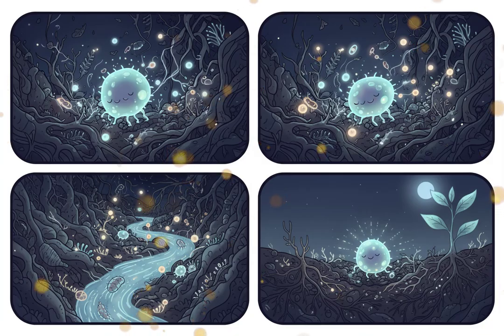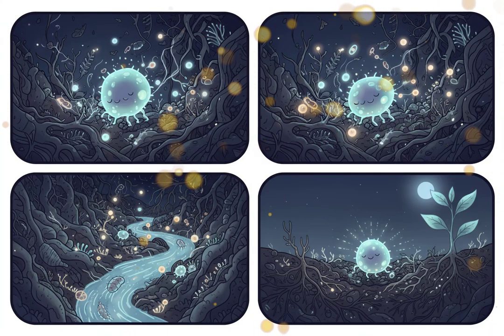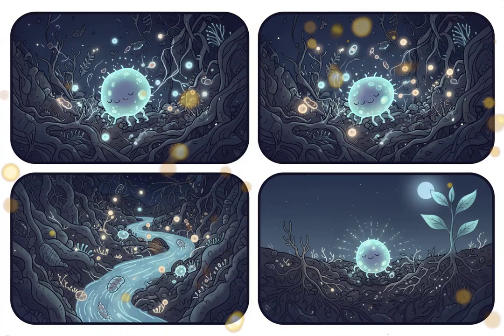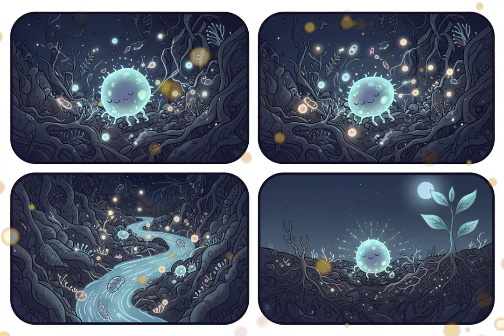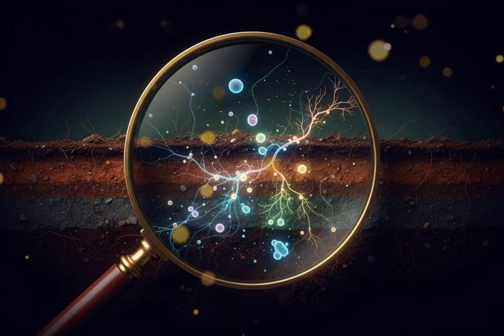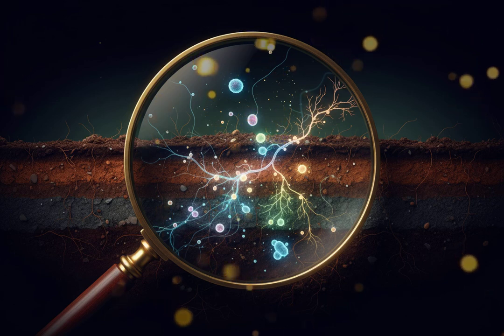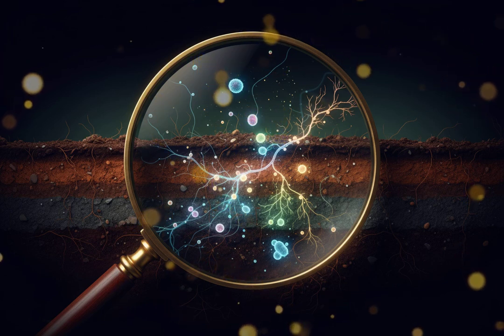This approach empowers farmers to adopt practices that not only boost yields, but also nurture the very foundation of their agricultural systems.